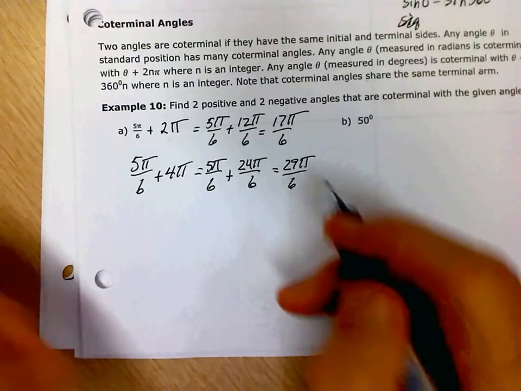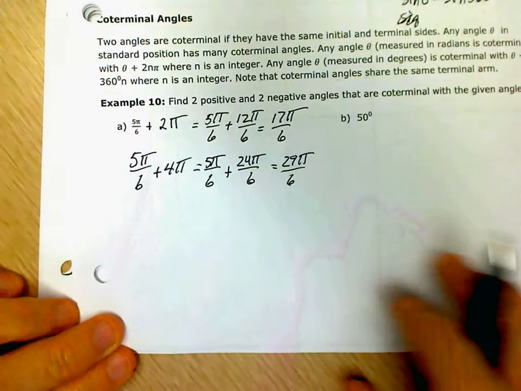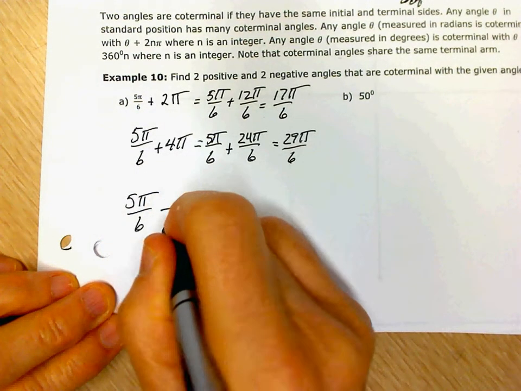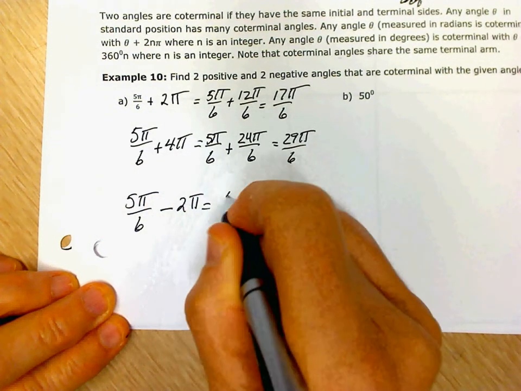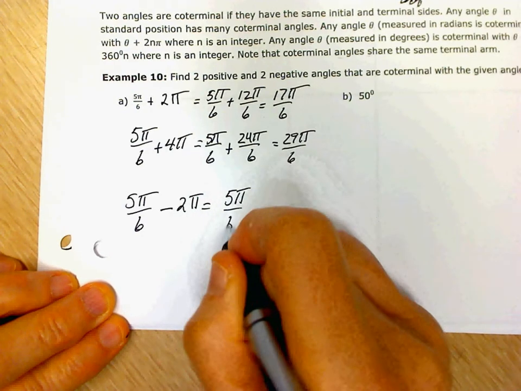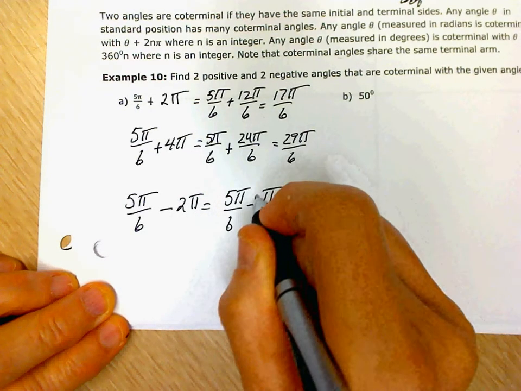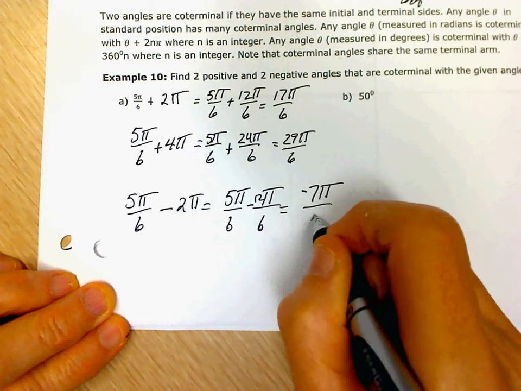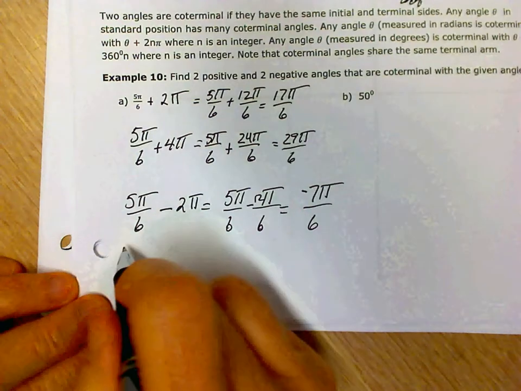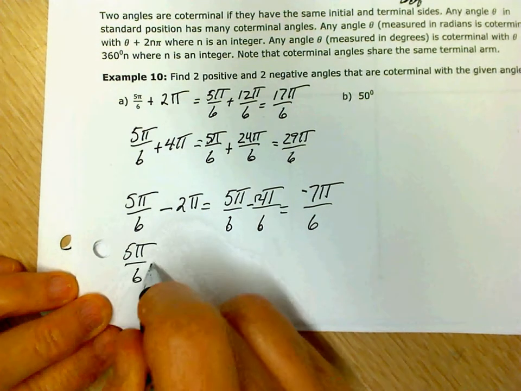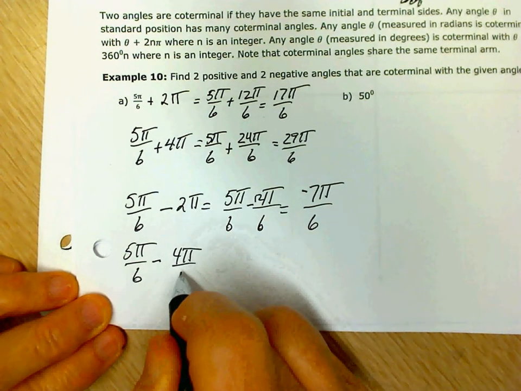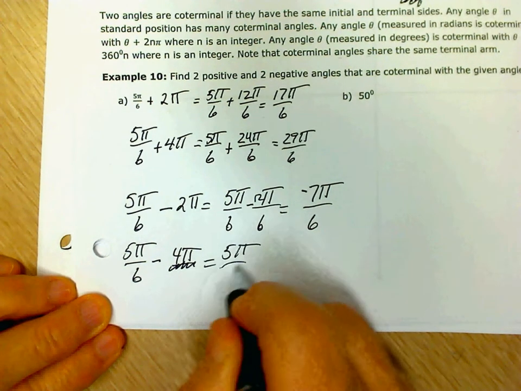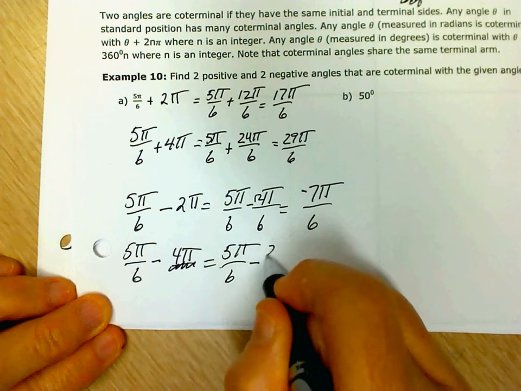Similarly, I can subtract 2 pi. 5 pi by 6 minus 2 pi equals 5 pi by 6 minus 12 pi by 6. That equals minus 7 pi by 6. 5 pi by 6 minus 4 pi equals 5 pi by 6 minus 24 pi by 6.